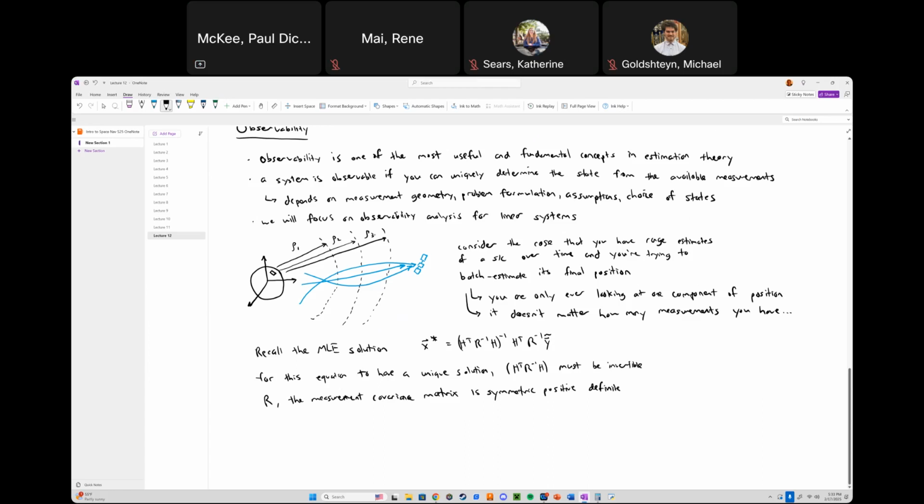So by definition, this will always be full rank and invertible, unless you did something wrong. So our suspicion is then cast on the H matrix, right?